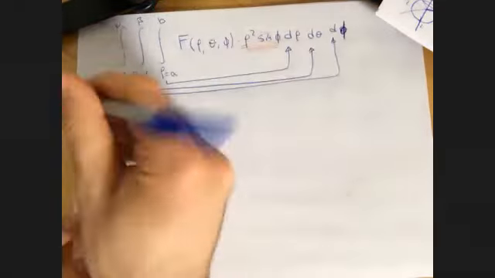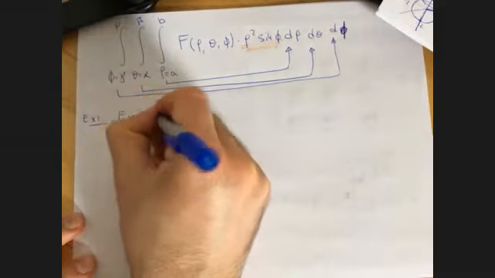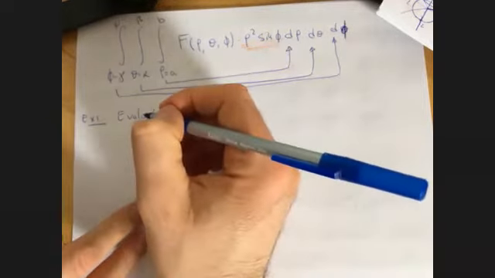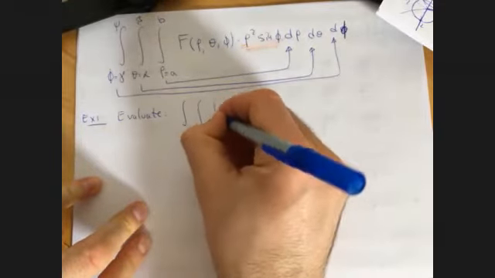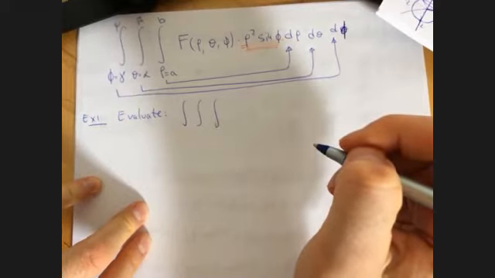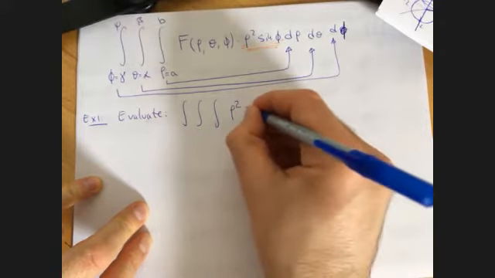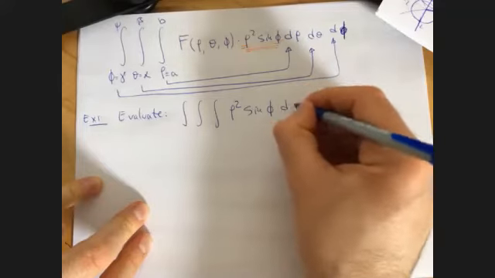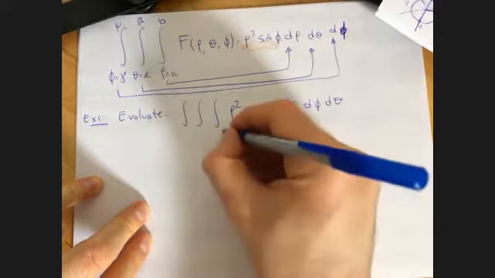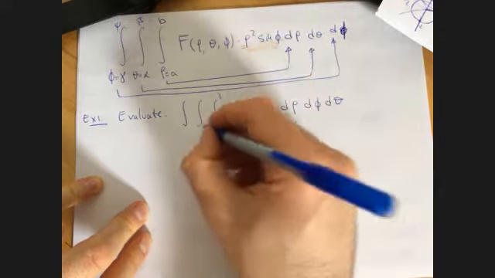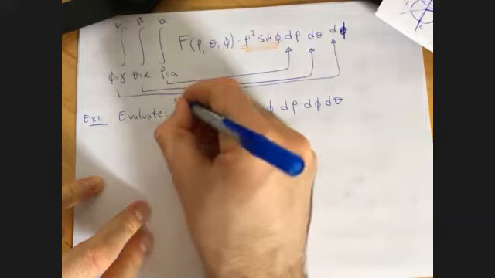Okay, let's do example 1. Very simple introductory example. This example could have been done in just one introductory problem for triple integrals. So that's rho squared sine of phi d rho d phi d theta, and then rho goes from 0 to 1, phi goes from 0 to pi over 2, theta goes from 0 to 2 pi.